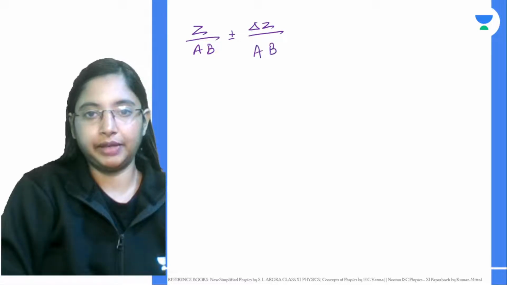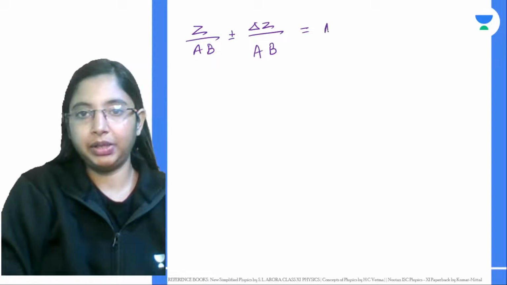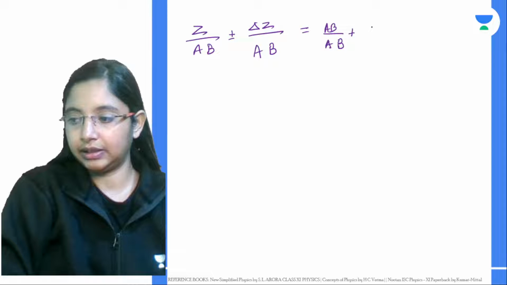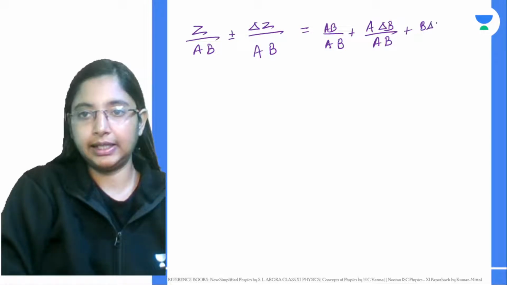This is on the left hand side. What will be on the right hand side? I will again have AB by AB plus A delta B by AB plus B delta A by AB.